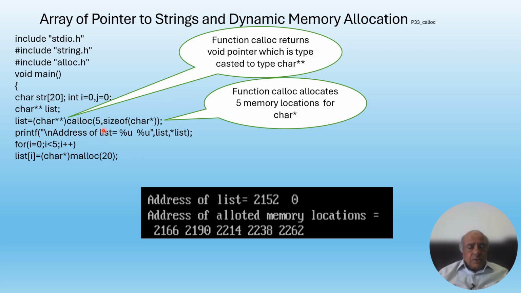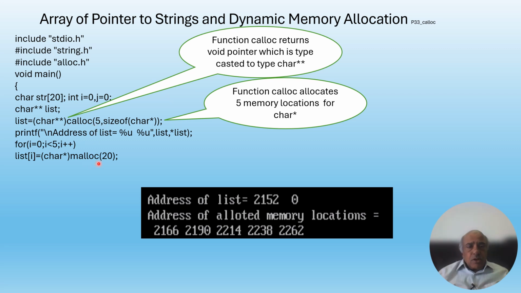Calloc needs the size of the variable type which we want the memory to be allocated for, and also the number of variables for which we are trying to allocate memory through calloc.